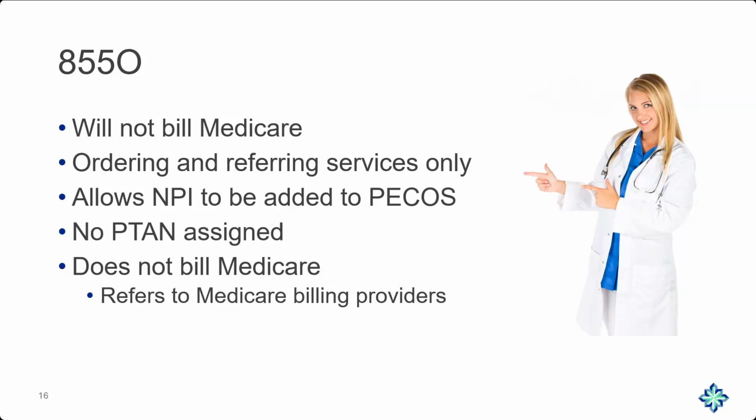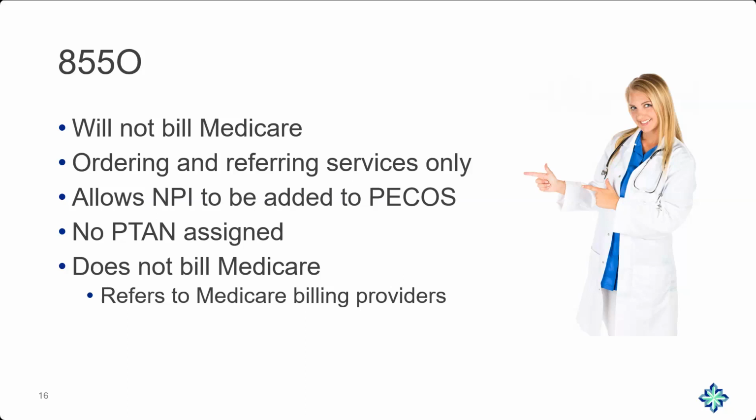The VA will refer that patient to a Medicare provider outside of the VA. They will bill that service to Medicare, but because it's a service that may require an ordering or referring provider's NPI on the claim, we do enroll them so that that NPI is in our system. So when claims adjudicate, it sees that and claims process appropriately for that Medicare service.